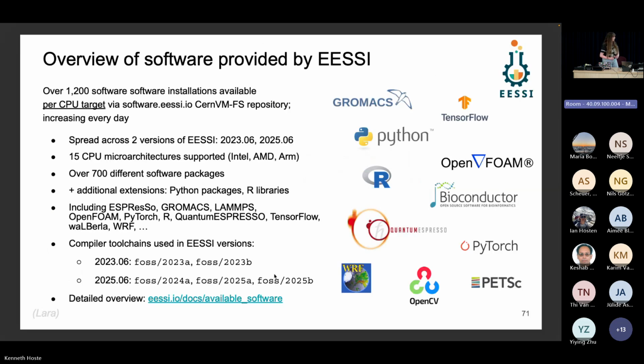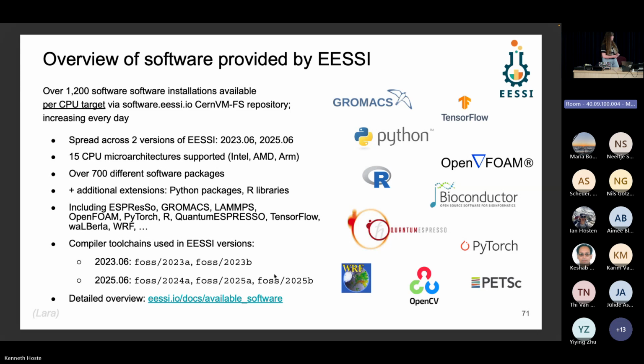This is an overview of the software that is currently already provided in EESSI. So we have GROMACS out there, we have TensorFlow, we have PyTorch and WRF. So a wide range of tools that are used by scientists on HPC sites.